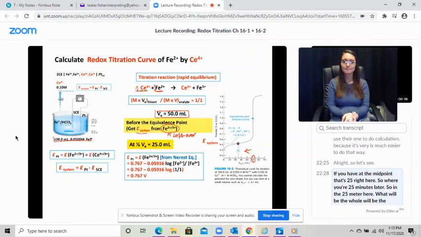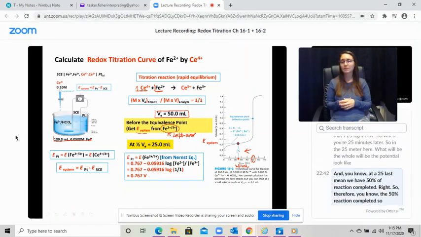All right, so let's see. If you are at the midpoint, that's 25 right here, so that's where your 25 milliliters is. In the 25 milliliters here, what will the potential look like? At 25, that means we have 50% of the reaction completed, right? So only 50% of them moved over here.